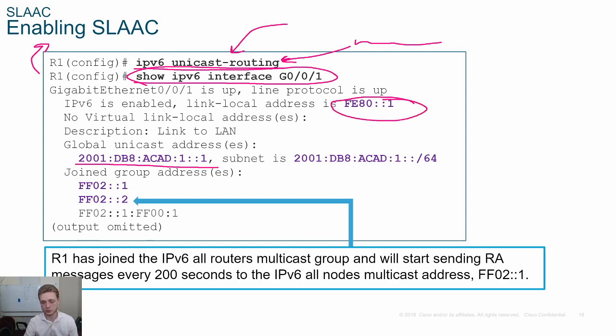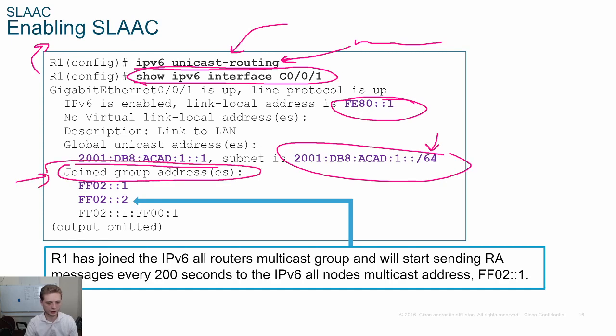I think this is addressing from the last section. We've got a prefix length there, /64, and you'll see joined group addresses. These are our multicast addresses, FF02::1 and FF02::2. That's our all routers multicast group.